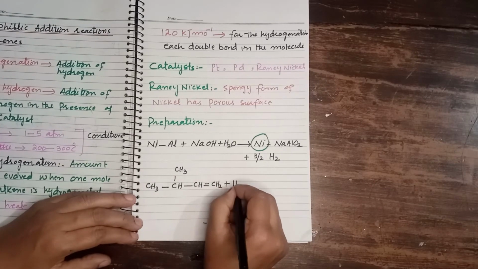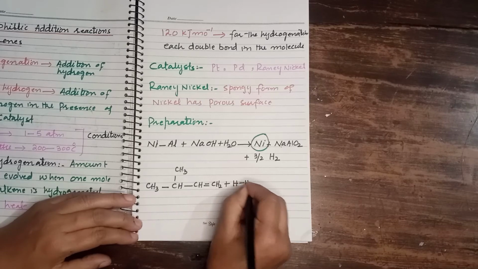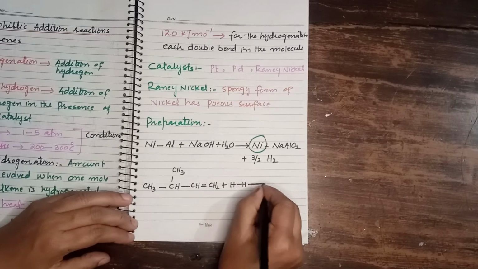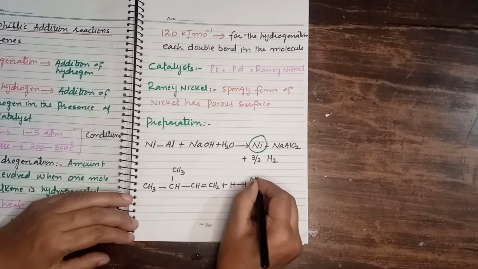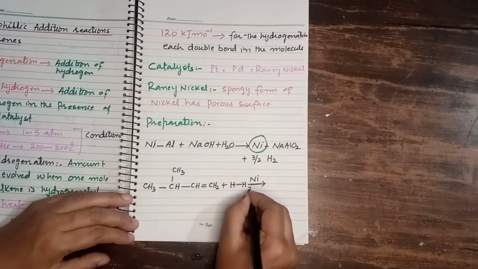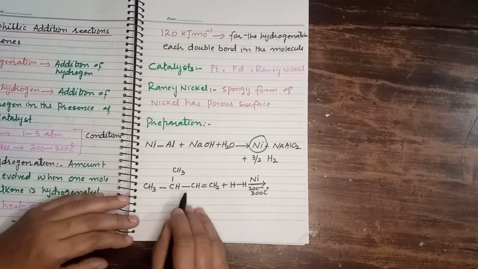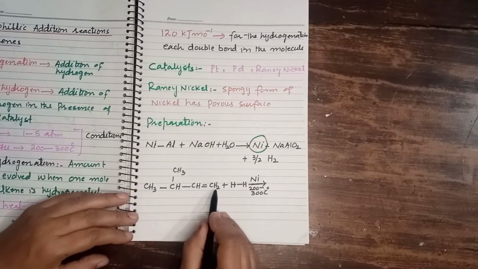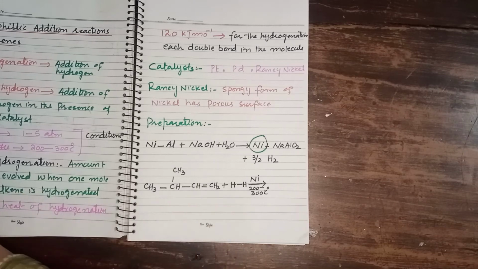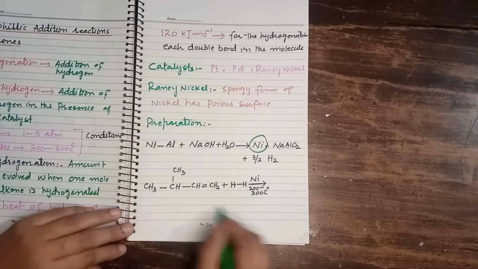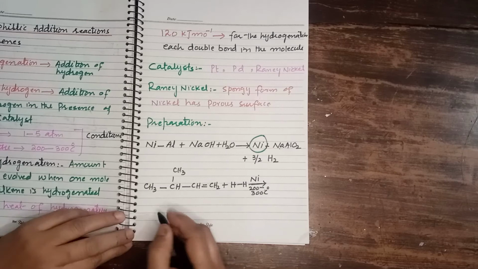So H2 hydrogen gas is required, right, students? And here we have nickel. Temperature range will be 200 to 300 degrees centigrade, students, right? Now if we do the hydrogenation we get this product.